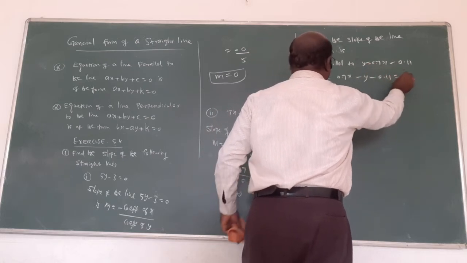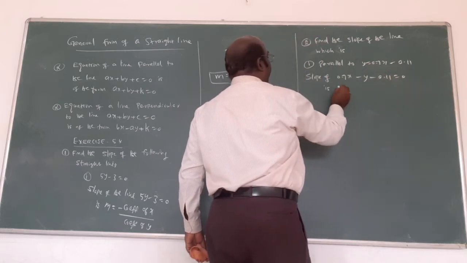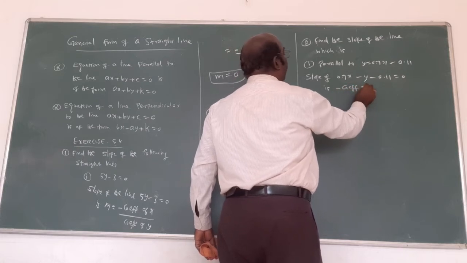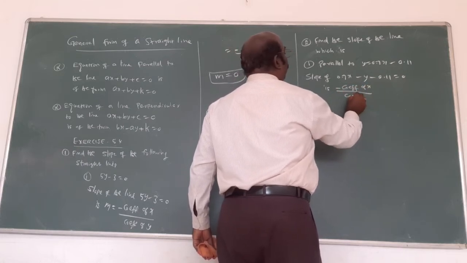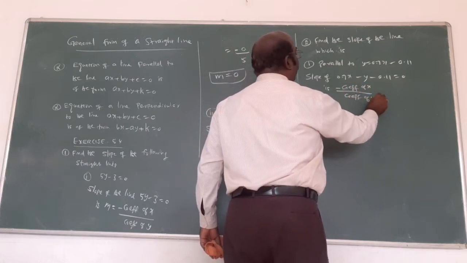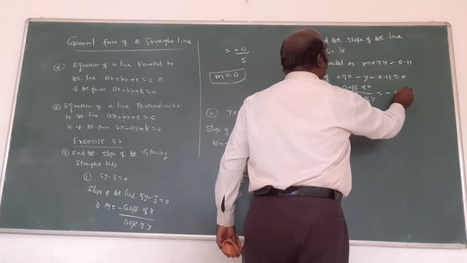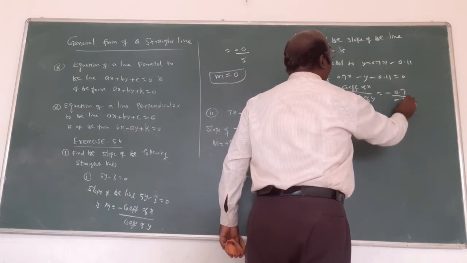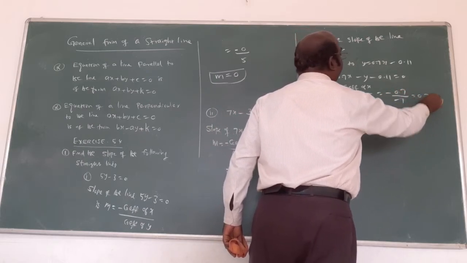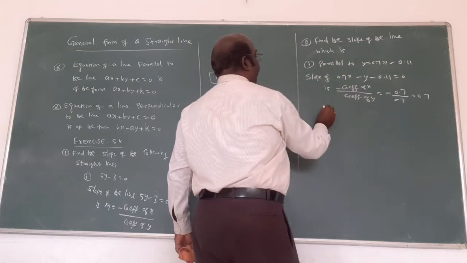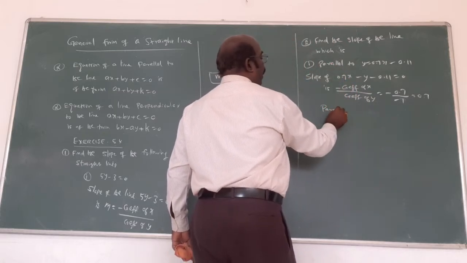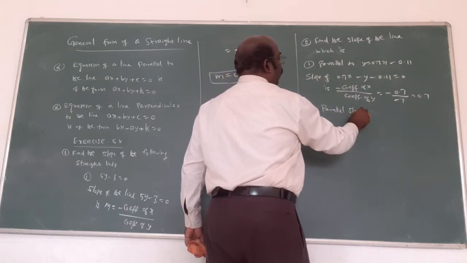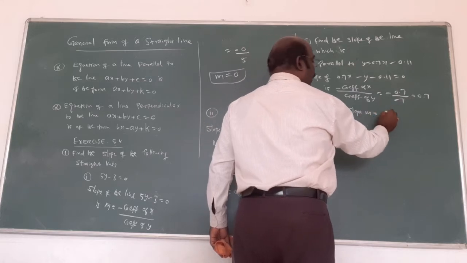Minus 0.7 is the coefficient of x. What is the formula? Minus coefficient of x by coefficient of y. What is the answer? Minus 0.7 by minus 1. Remember, minus cancels, so the answer is 0.7. Parallel is asked, therefore the parallel slope is the same.